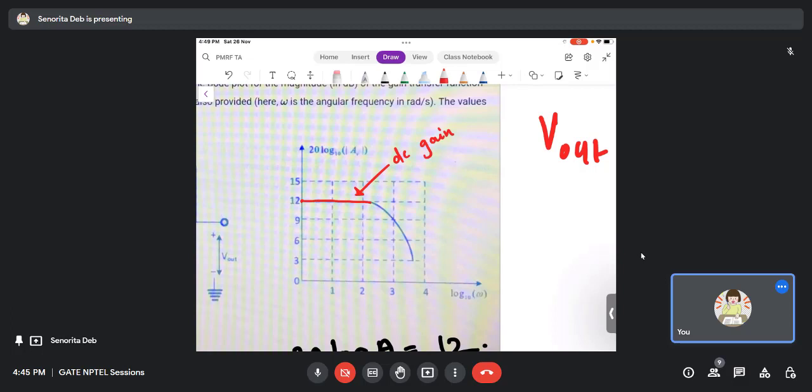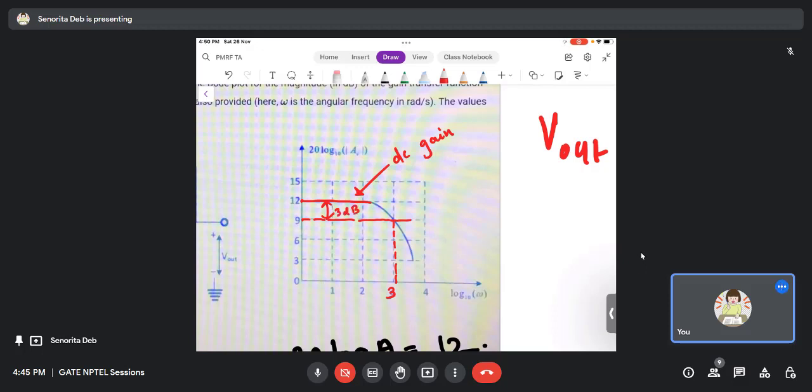Now, we know the cutoff frequency is nothing but the 3 dB frequency. 3 dB means from the DC gain you go 3 dB down. From the DC if you go 3 dB down you come to 9. And at 9, what is the number written? 3. Right? So this is nothing but 3 dB down.